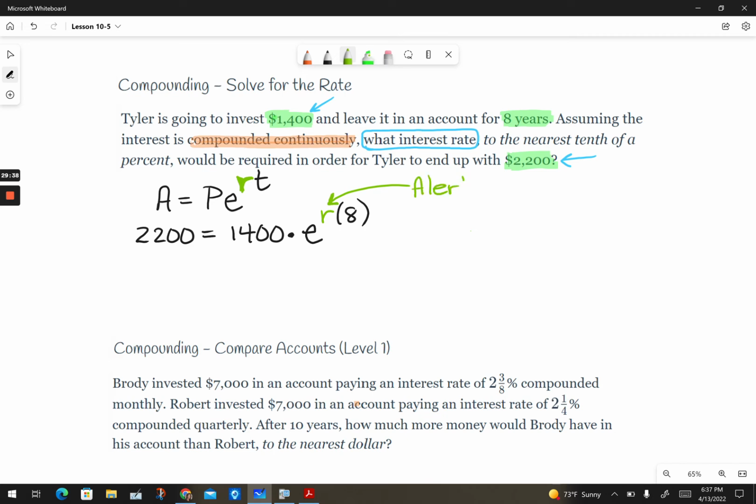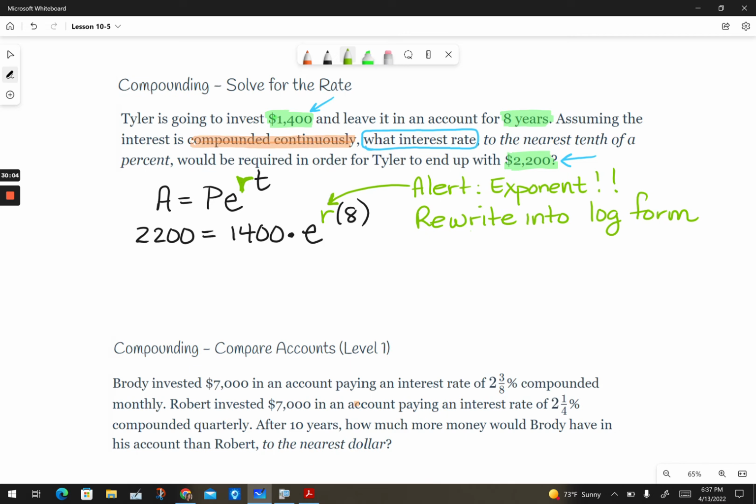So again, we want to go from a to the x power equals b, which is an exponential function, and we want to convert it into log base a of b equals x to be able to isolate our exponent. Right now, let's analyze this and determine what's our a, our x, and our b.